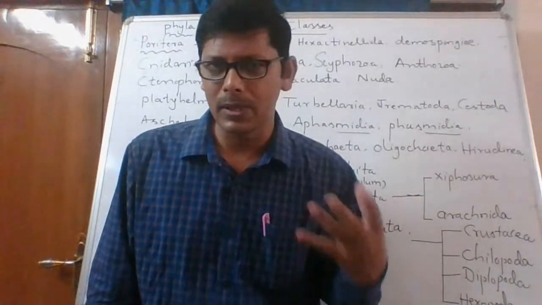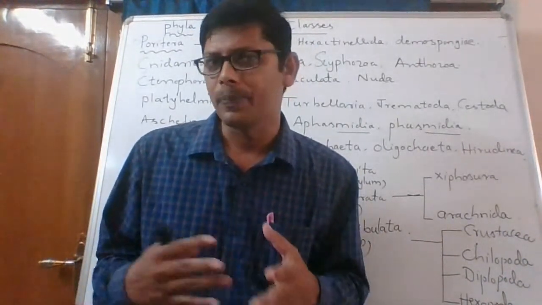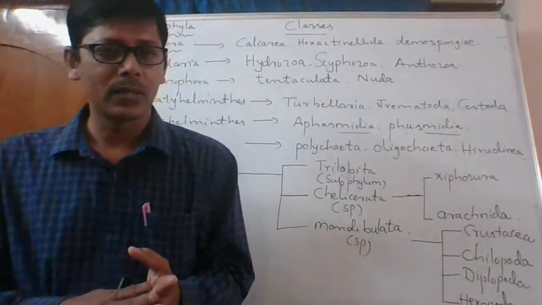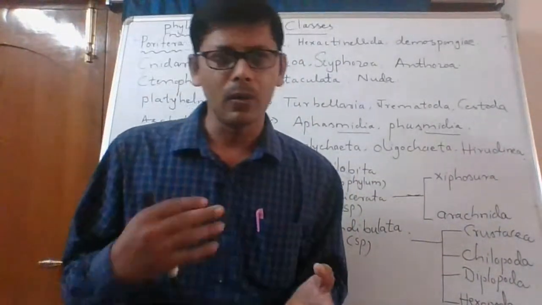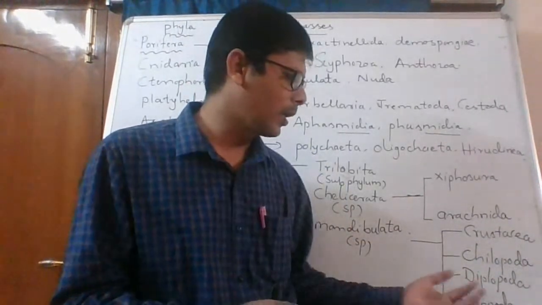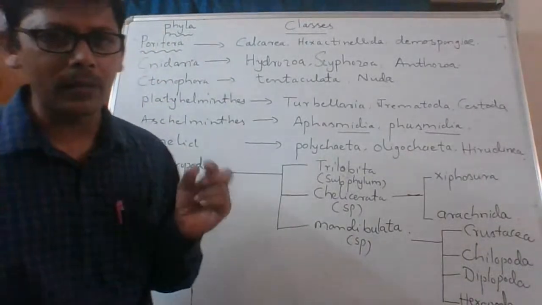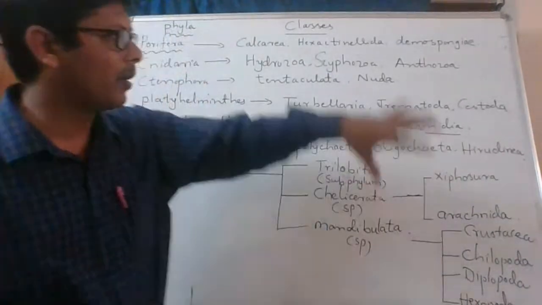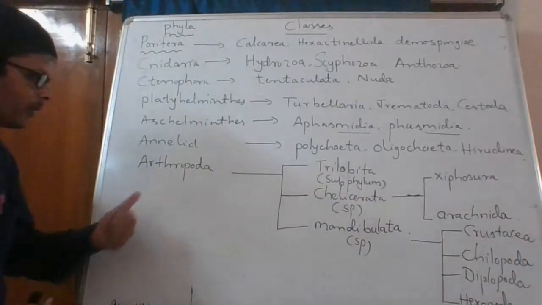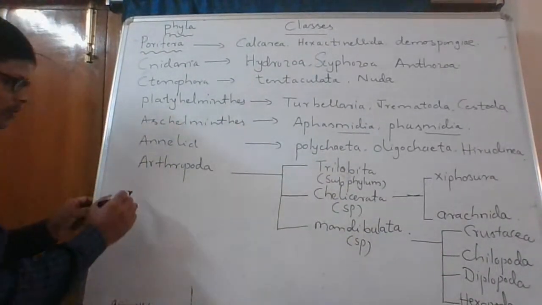Hexa means six. In Arthropoda, jointed legs are present, and in Hexapoda they have six legs. Hexapoda, also called Insecta, includes housefly, cockroach, and mosquito. After Arthropoda, the next phylum is Mollusca.